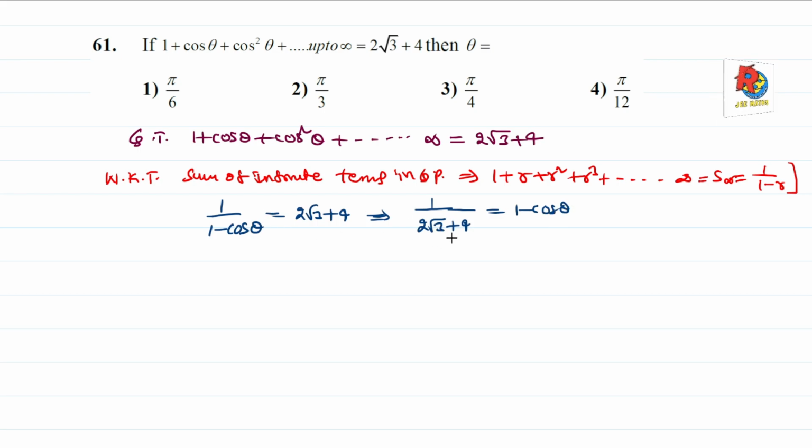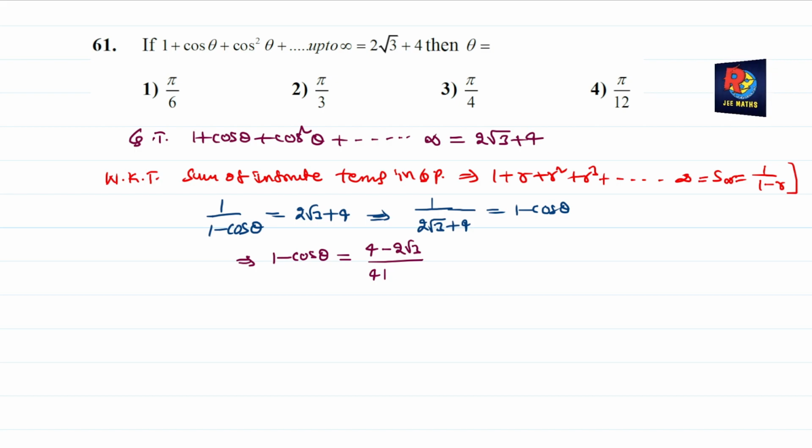Now, since a square root is in the denominator, we need to do rationalizing on both sides. Then 1 minus cos theta equals 4 minus 2 root 3 by 4 plus 2 root 3.